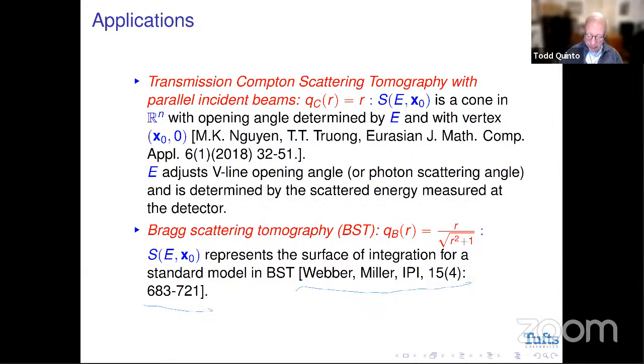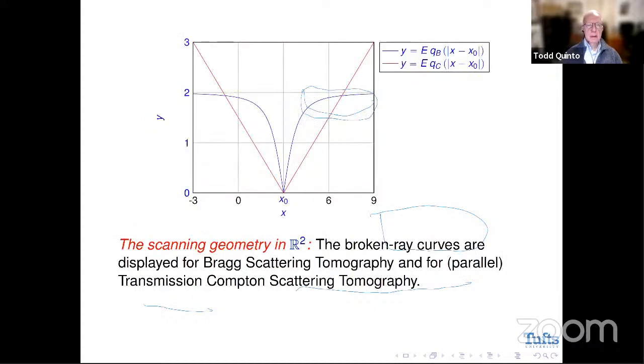The point is the function that defines it is not just linear, whereas with the parallel beams, it is linear. And so we get pictures. The broken ray transform is in red, and that's for the Compton scattering tomography. These curvy things in blue represent Bragg curves.